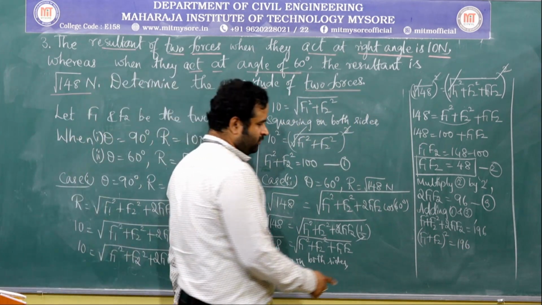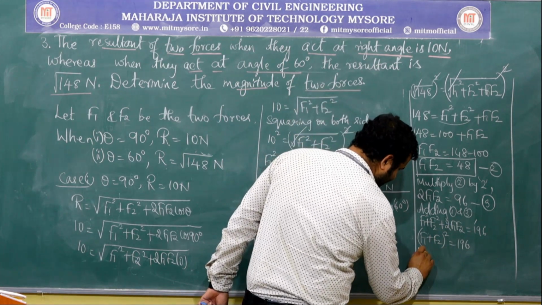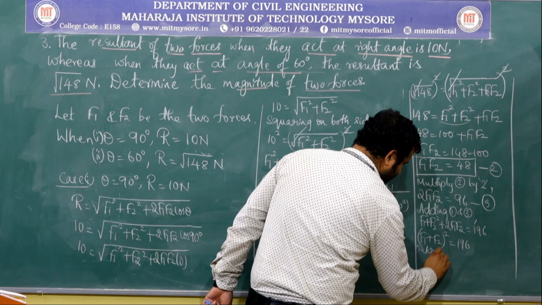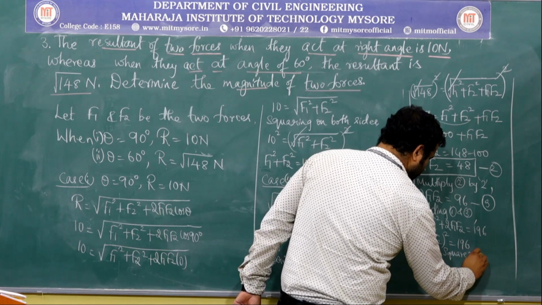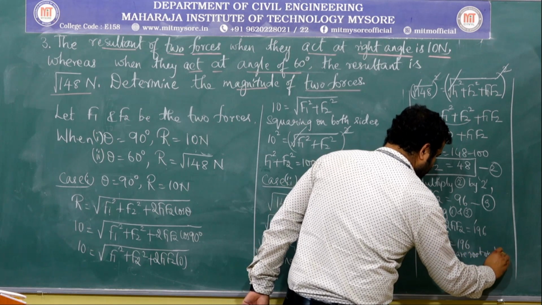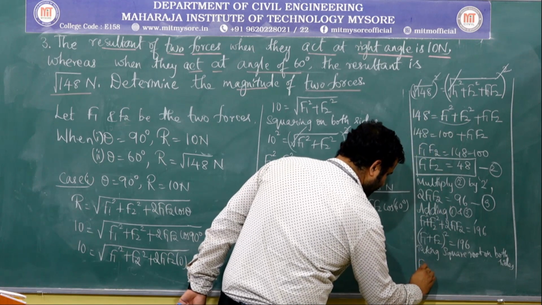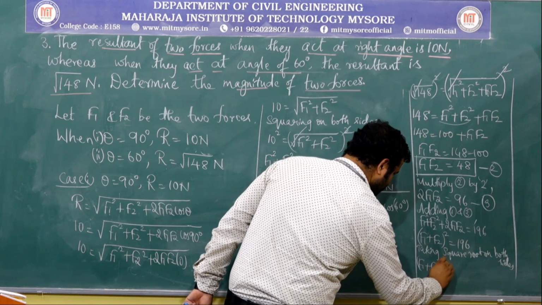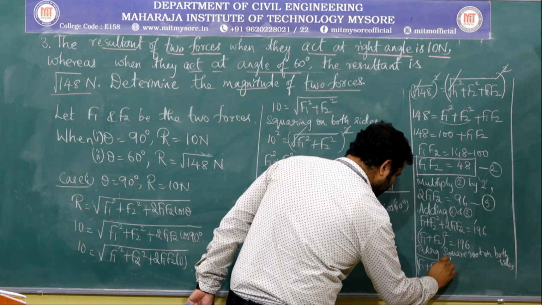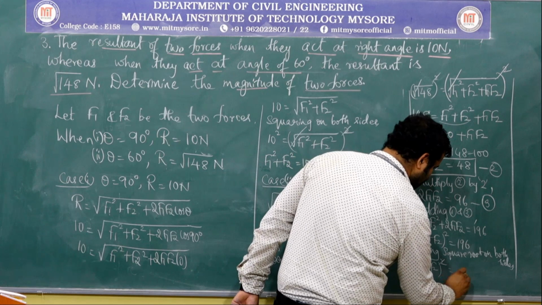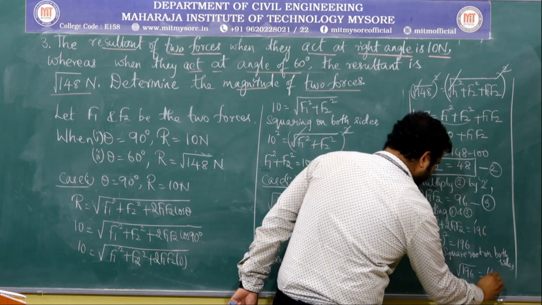Now if we take the square root on both sides, F1 plus F2 whole square and square root of the same get cancelled, which is nothing but square root of 196, nothing but 14.